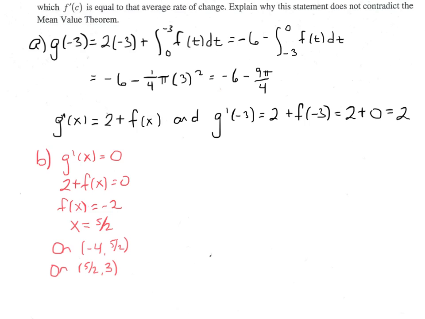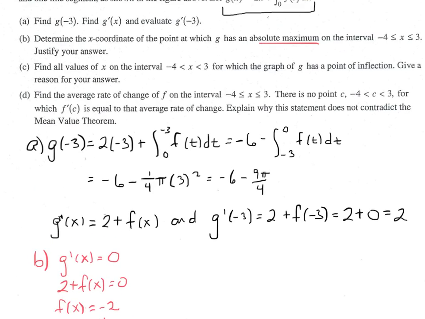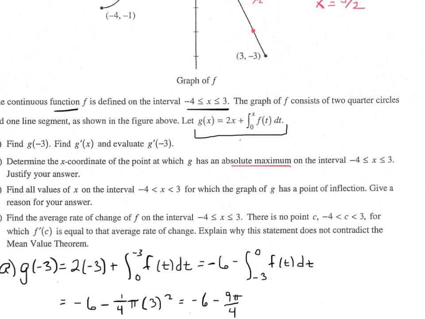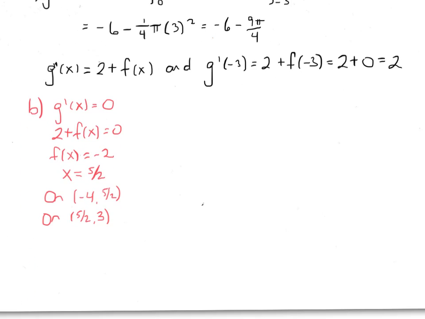So keep in mind that g prime is 2 plus f of x. So when we're looking at x less than 5/2, if we take f of x and add 2, g prime of x would be positive. Everything would be above the x-axis. So g prime is greater than 0.